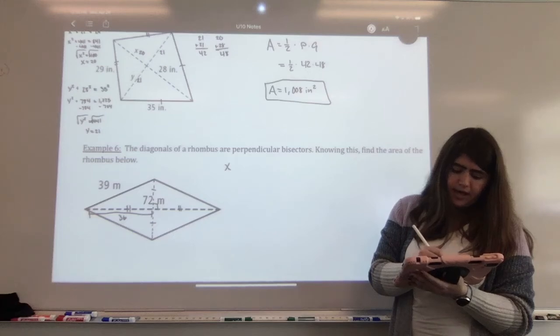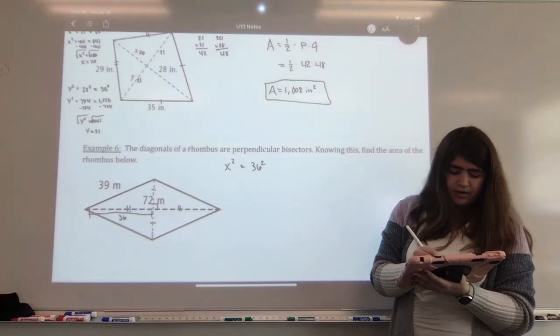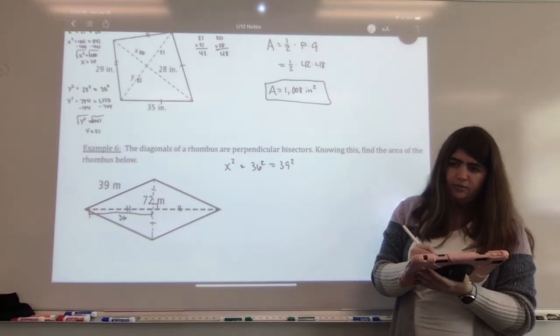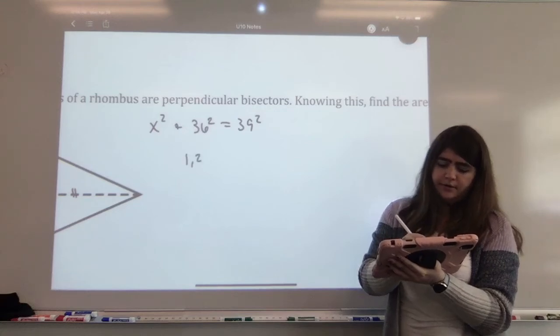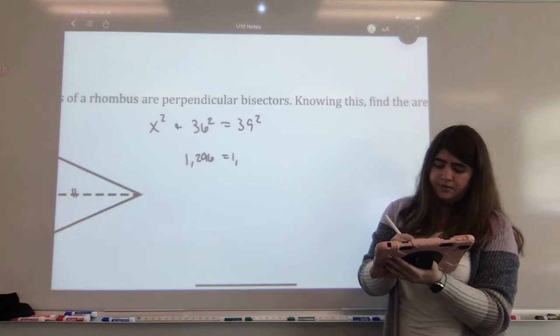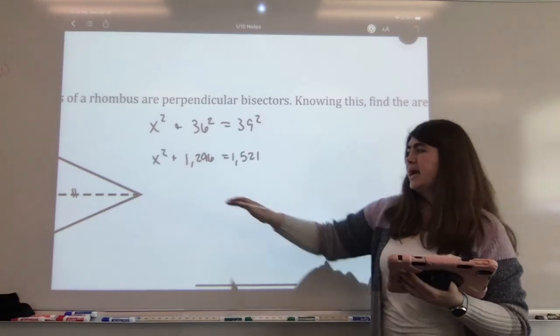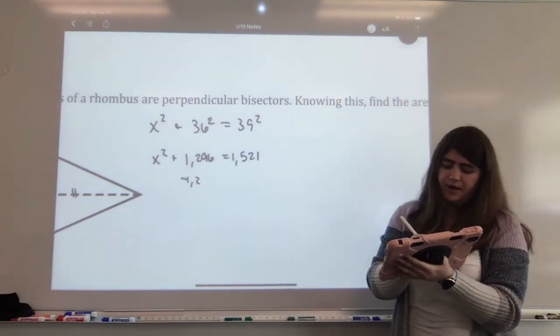So I have my unknown side, x squared plus 36 squared is equal to 39 squared. 36 squared is equal to 1,296, and 39 squared is equal to 1,521. We still need to get x by itself, so I'm going to subtract 1,296 from both sides.